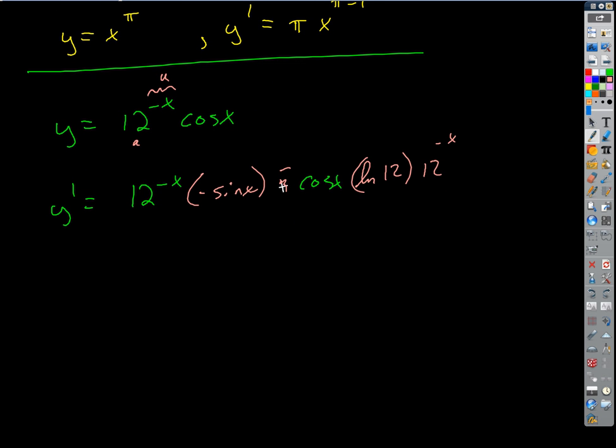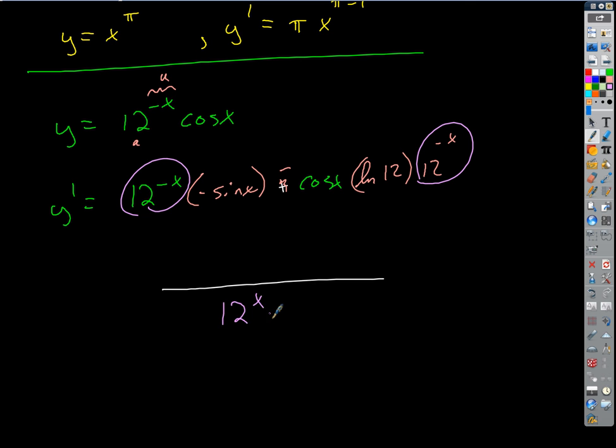So I guess we could, what could we do with this? So this goes to the bottom, right? Everybody agree? So we end up making this one big fraction. This guy, I'll color code this here. That's a common denominator, isn't it? On the bottom, I'm getting a 12 to the x.